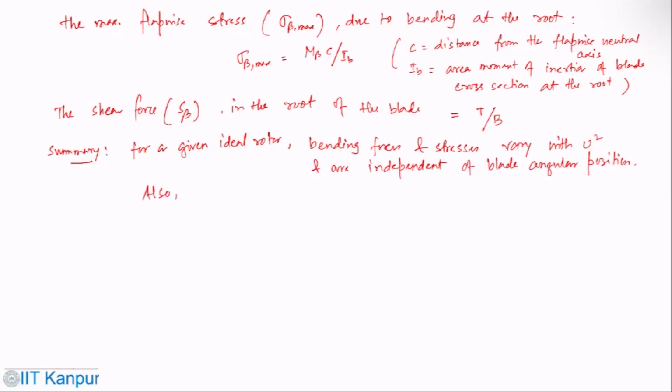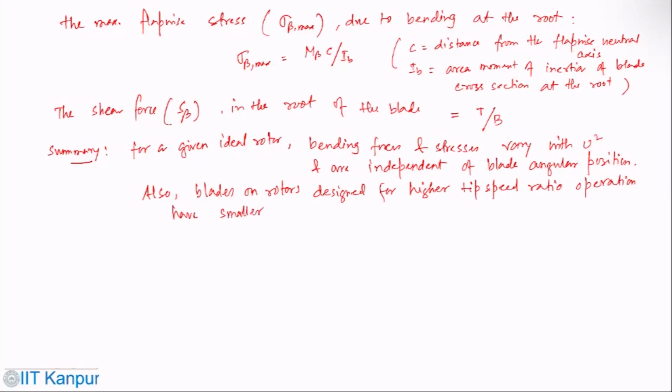So essentially, in summary, for a given ideal rotor, bending forces and stresses vary with U square and are independent of blade angular position. Also, blades on rotors with high tip speed ratio operation have smaller cross-sectional area moment of inertia, so they experience higher stresses.